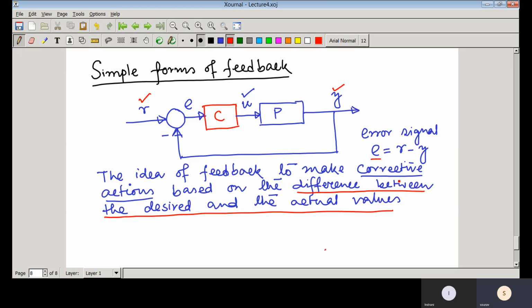The control input that you generate from the error signal can be obtained in different ways.